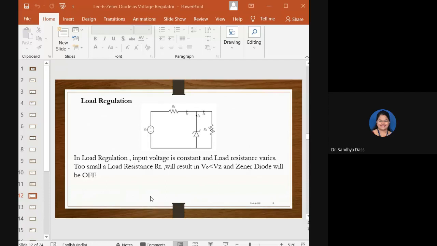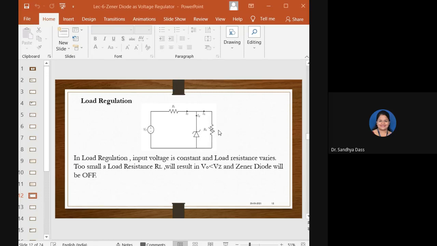As introduced in this session, in load regulation the input voltage will be kept constant and the load resistance will be varying. Even when the load resistance is varying, its value should be such that the Zener diode is turned on, or in other words, there is a minimum Zener current flowing through.